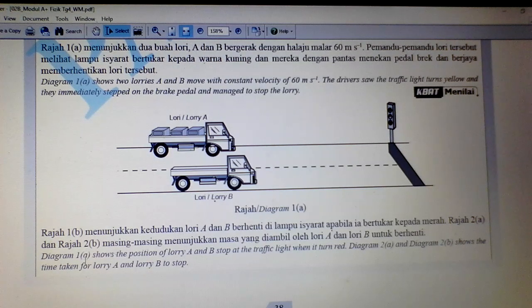Sorry, diagram 1B should be here. Diagram 1B shows the position of lorry A and B stopped at the traffic light when it turned red. Diagram 2A and 2B show the time taken for lorry A and lorry B to stop.